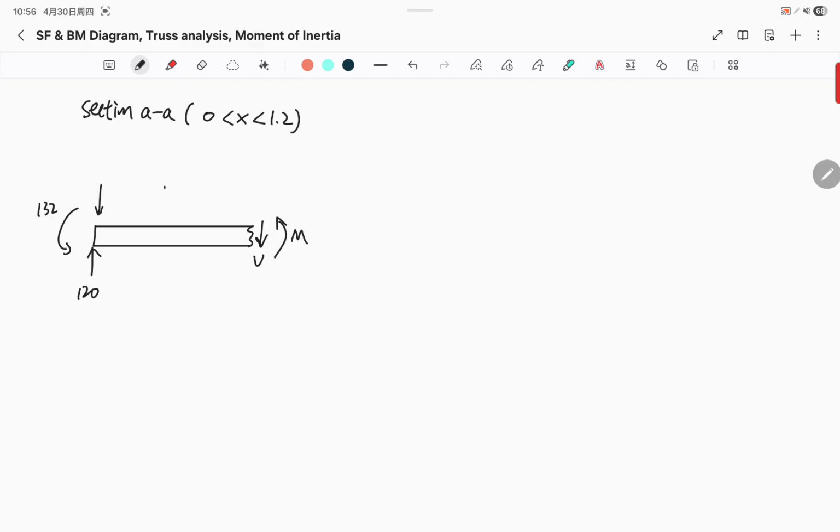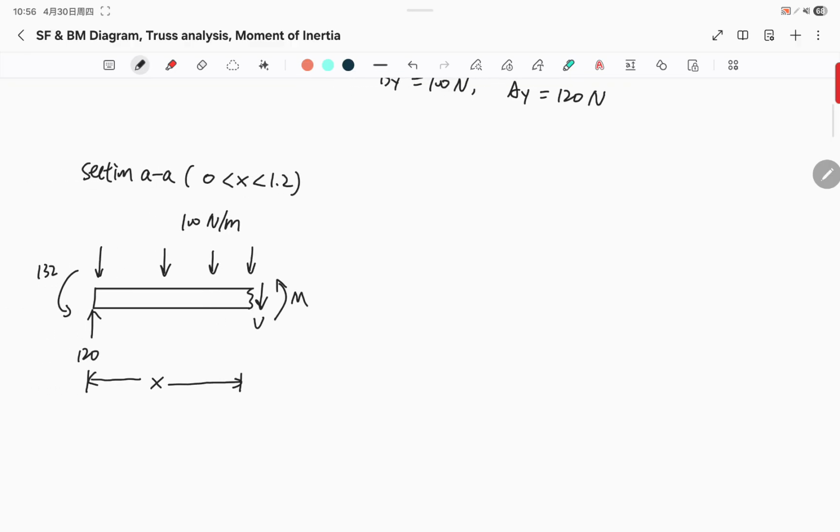And then we have this distributed load. Magnitude is 100 Newton per meter. And very important thing, the distance X is defined from the origin all the way to where we make a cut. So this distance is X.